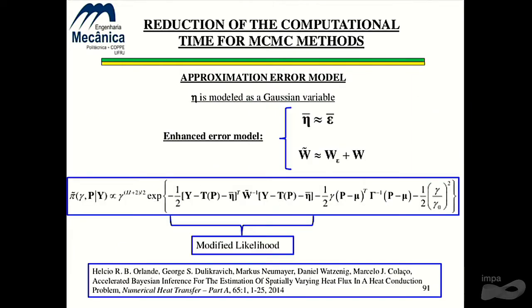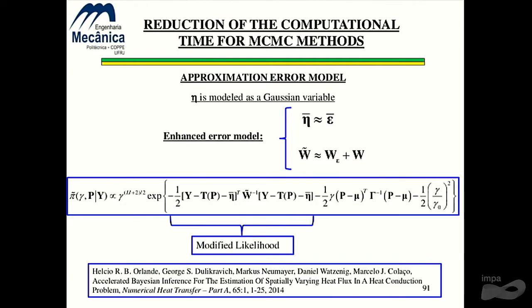This is already a big simplification because epsilon depends on the parameters, depends on the priors. And we are neglecting this linear dependence between eta and the parameters, because we compute epsilon based on the priors.